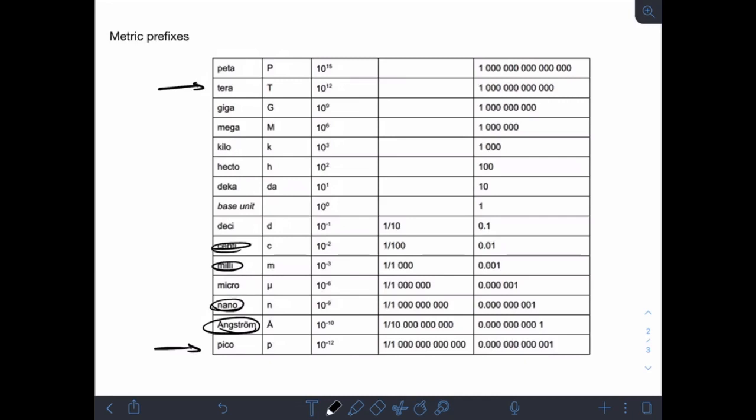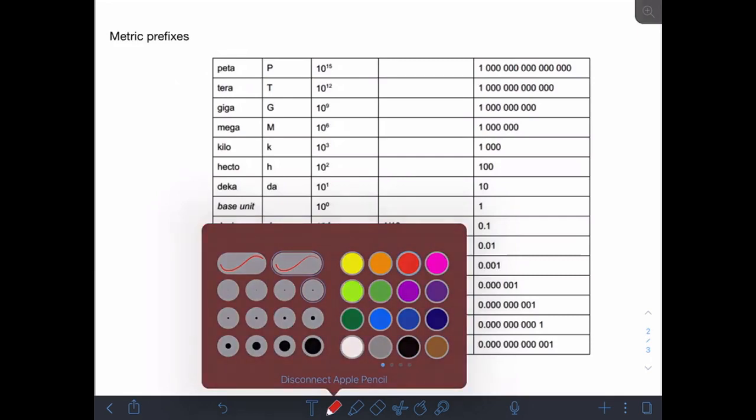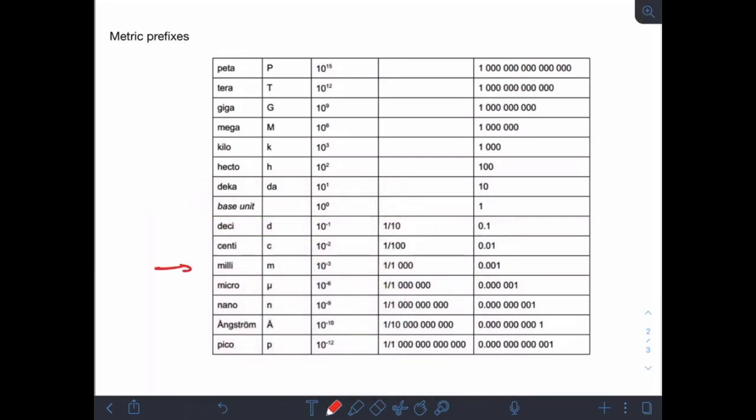Now, the easiest way to keep things straight on this table: whatever your base unit is, from those SI base units we just listed, put that in the table. So if I want to find out how many milligrams there are in a gram, we're talking about milligrams to grams.